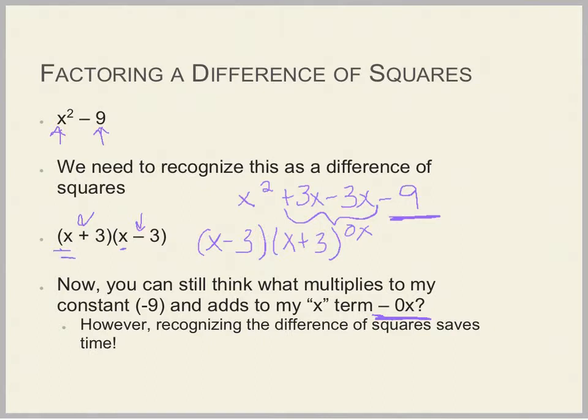So, a difference of squares is often a binomial where you take the square root of the first term, x squared, which is x and x. We have an addition and a subtraction sign, and then the square root of the last term, 3 and 3.